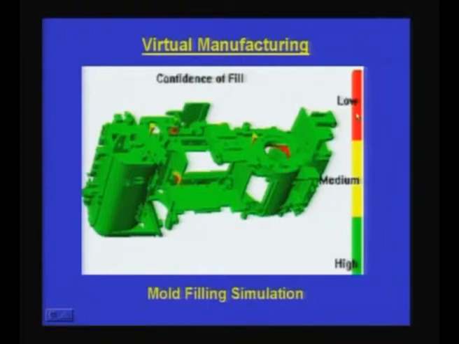Then red is a more critical portion where the material may not really reach, given the injection pressures used and the kind of mold designed. Now, this gives a situation where there is a need for redesigning this part or changing the manufacturing process parameters, either increasing the injection pressure, etc., so that this problem can be avoided.